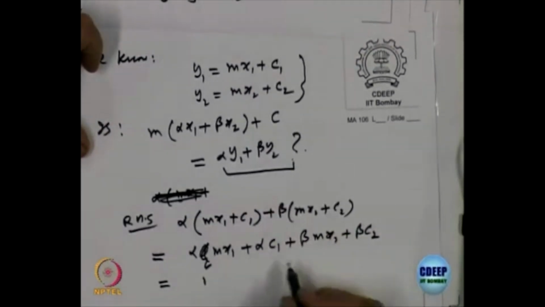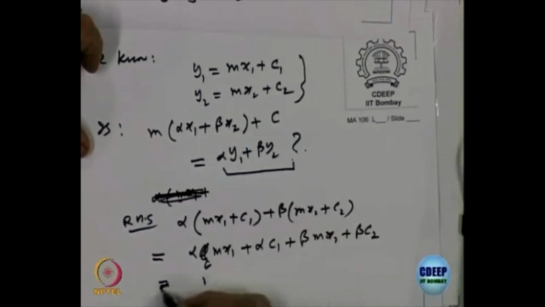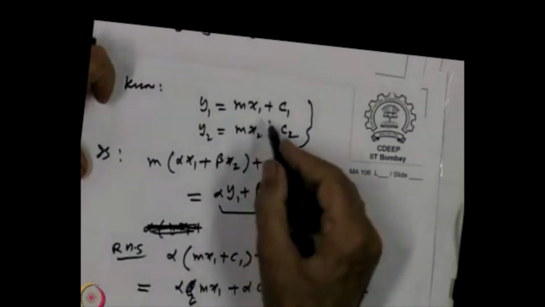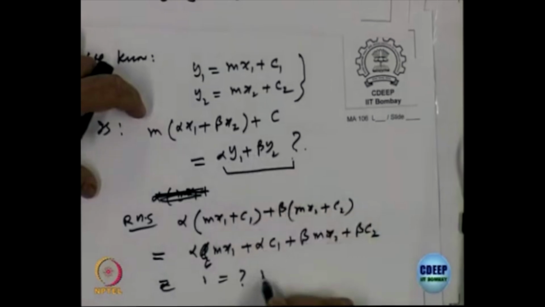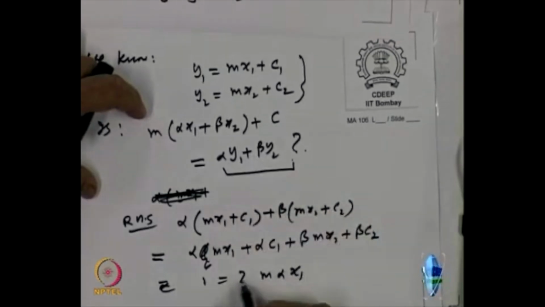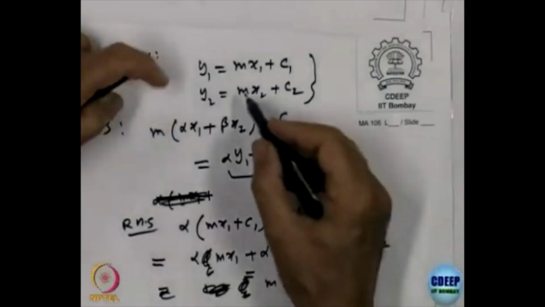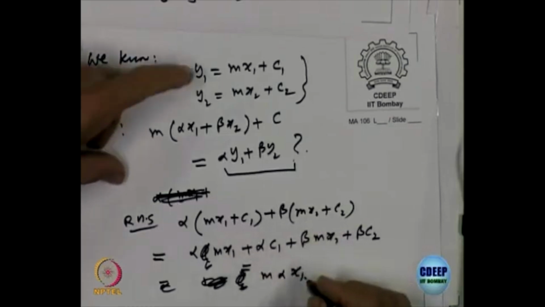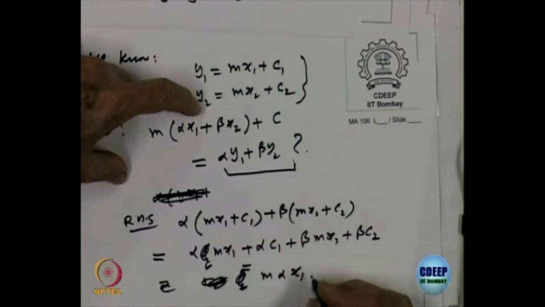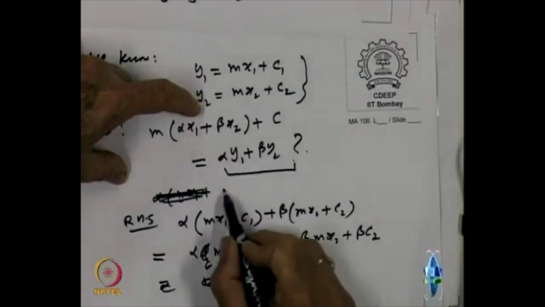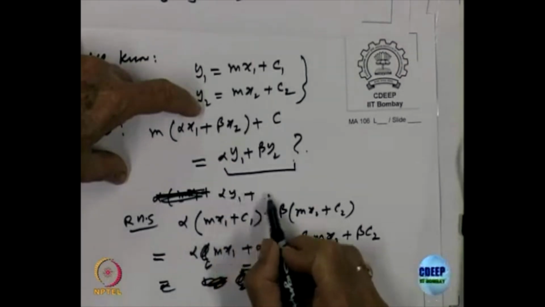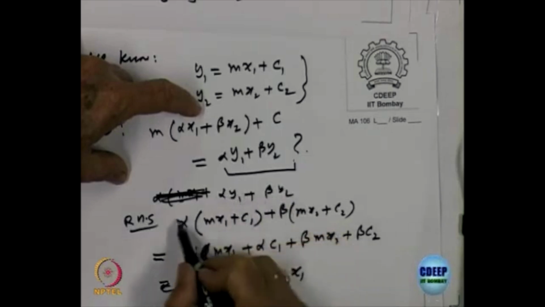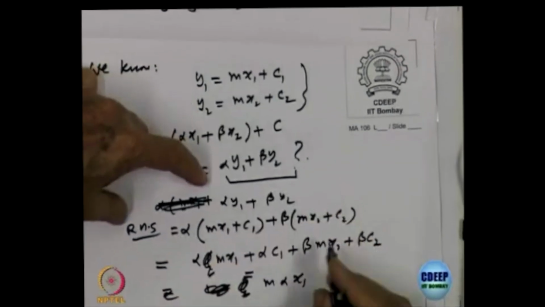So I want to know whether this is equal to m times alpha y1 plus beta y2, that is the left hand side.